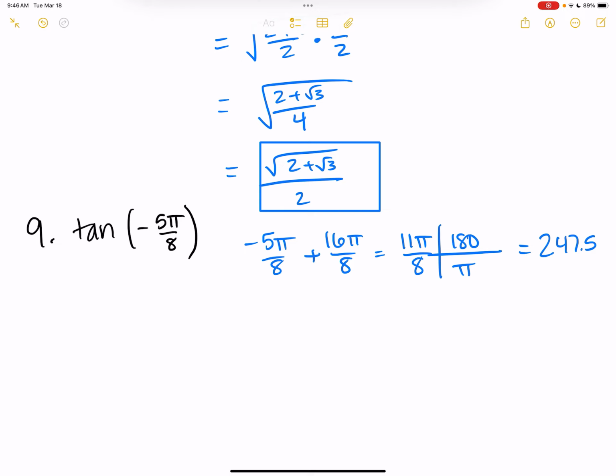Hang on, just thinking. 495. Wait, no, it's 495.